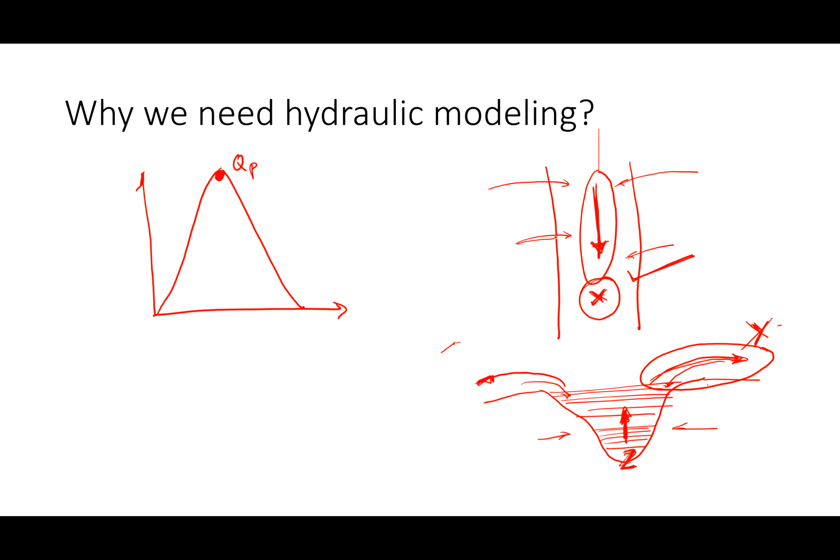But as I explained, water is actually flowing in three directions. So to keep things simple, many times we use a 1D model, and when we say a 1D model, it means that we are ignoring a lot of hydraulic changes that are happening in the y and z directions, and we assume that the flow properties are changing only in the x direction. So that's what 1D modeling is. HEC-RAS can do both 1D and 2D, but for now we'll just discuss 1D modeling.